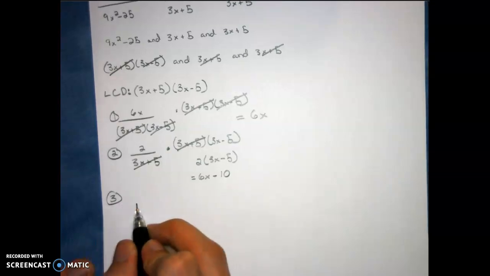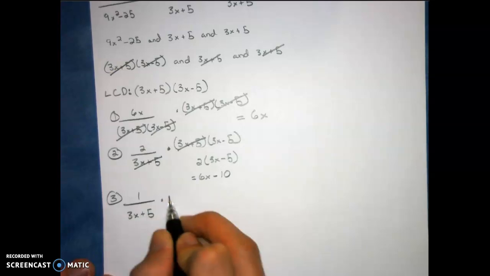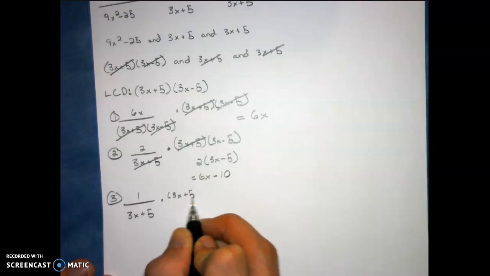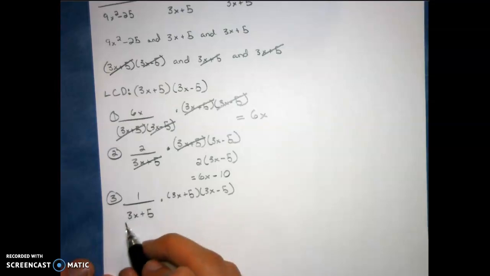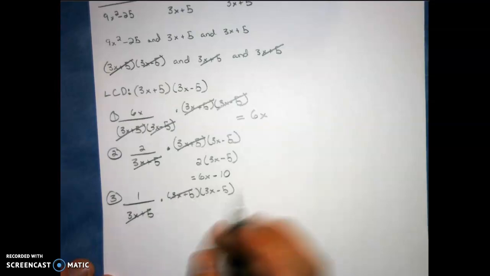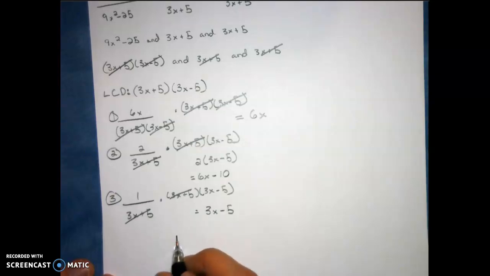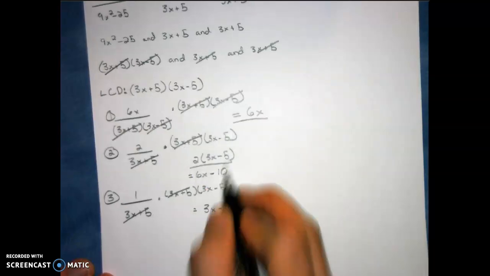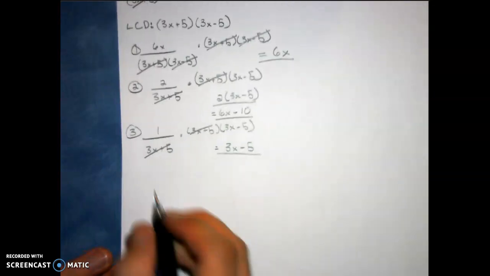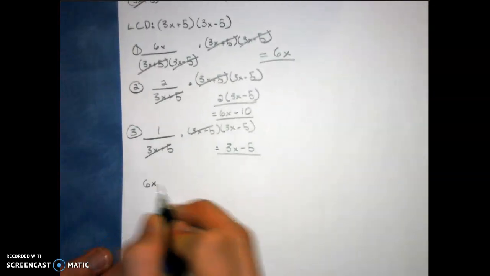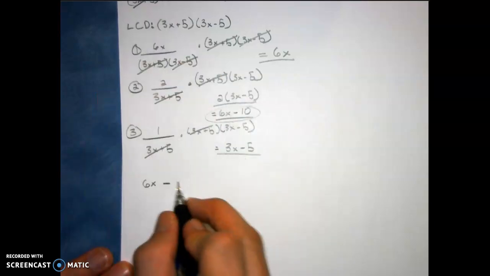Third one, we have 1 over 3x plus 5. Multiply by our LCD. Cancel here, cancel here. We're left with 3x minus 5. Now we just take these three and plug them back in and solve. So our first one, we got 6x. Our second one, we're subtracting this one right here.